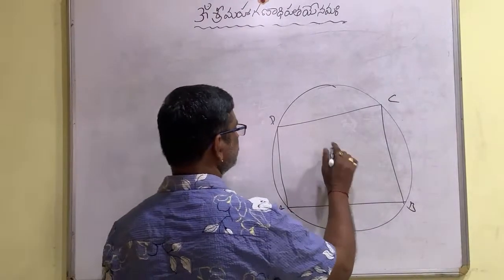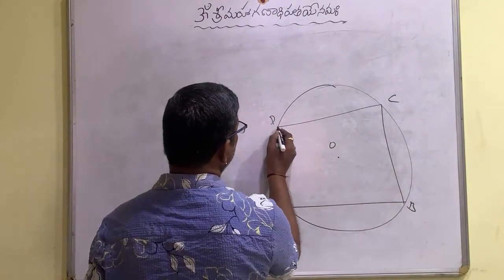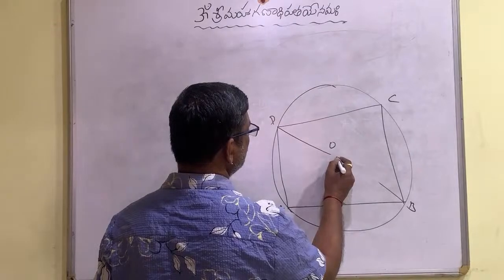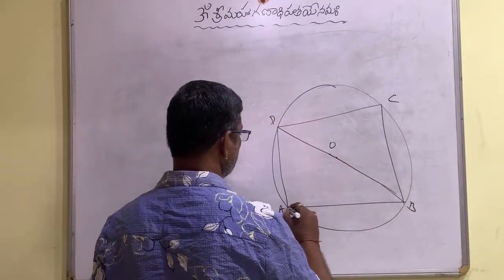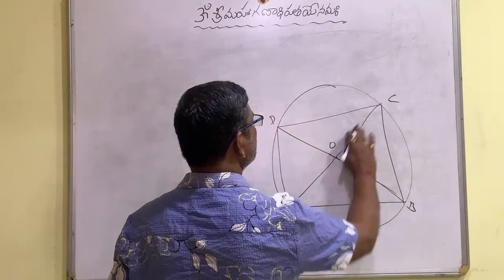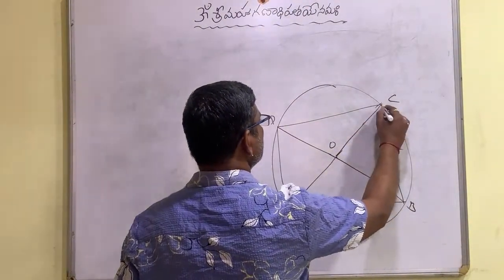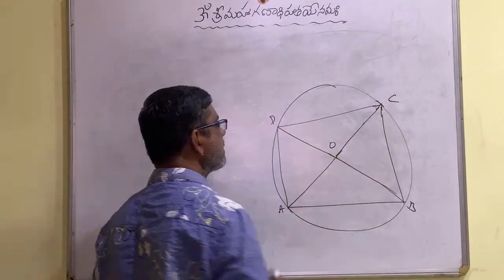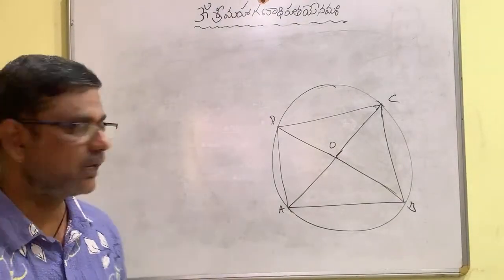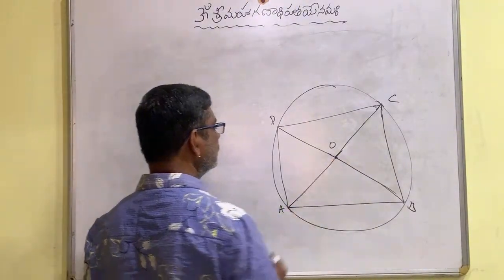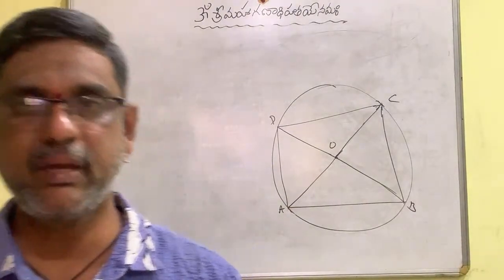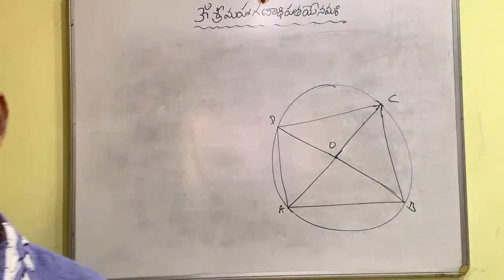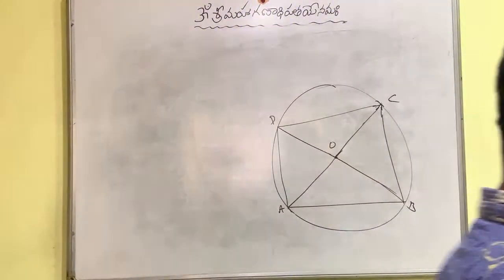Now the diagonals of the quadrilateral pass through the center of the circle. We need to prove ABCD is a rectangle.